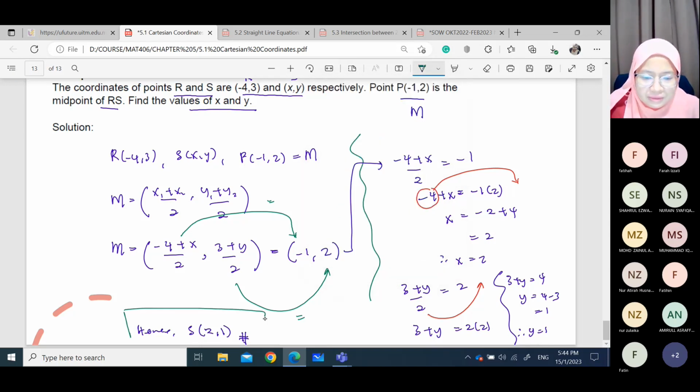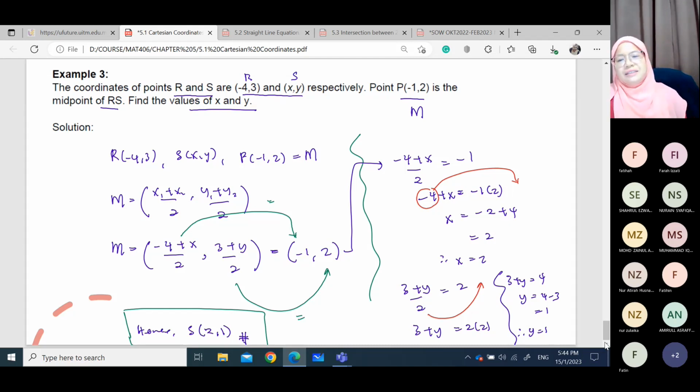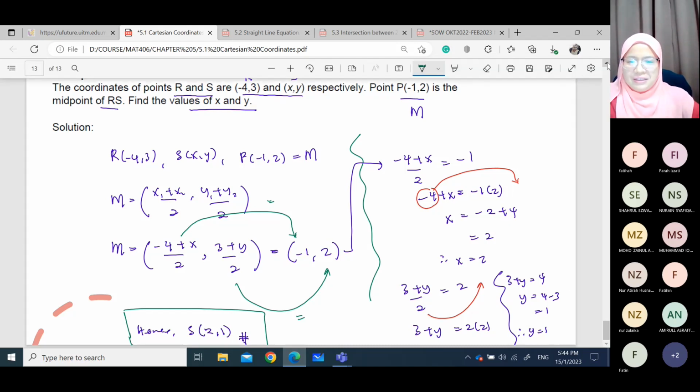Jelas tak? Ada soalan? Tak ada. Tak ada puan. Okay. Alright. So kalau tak ada, bagus.